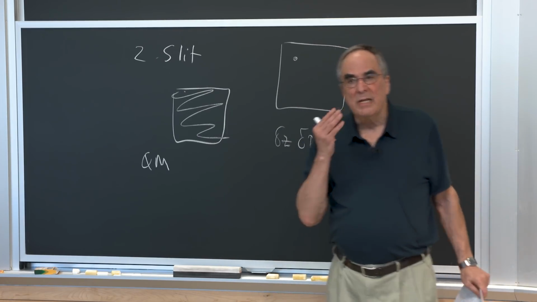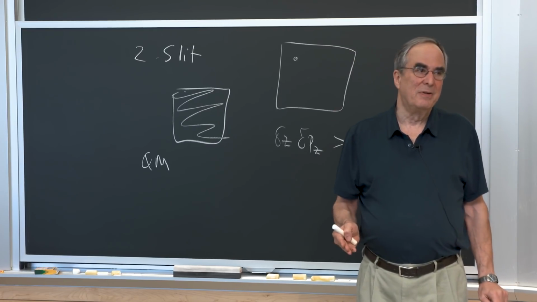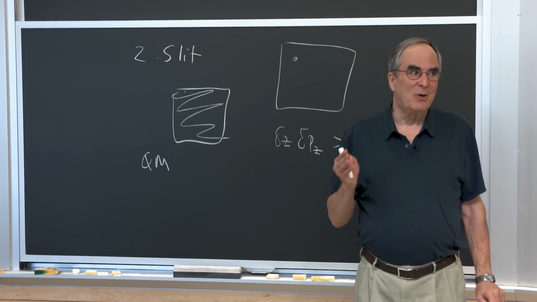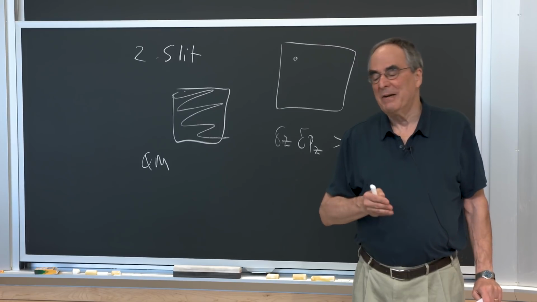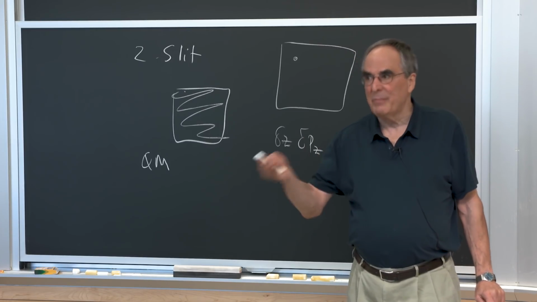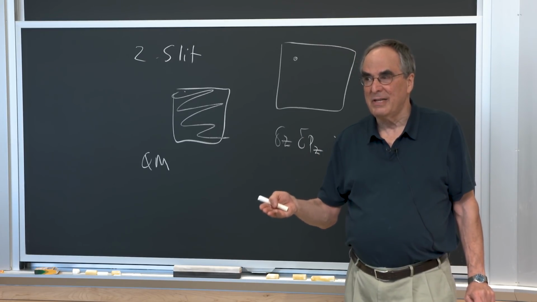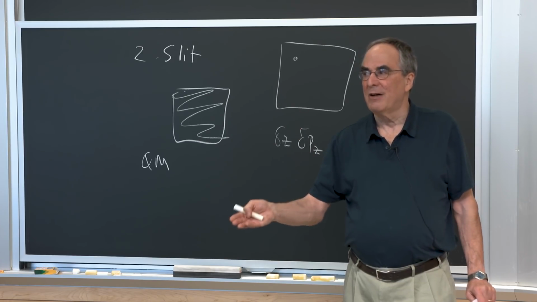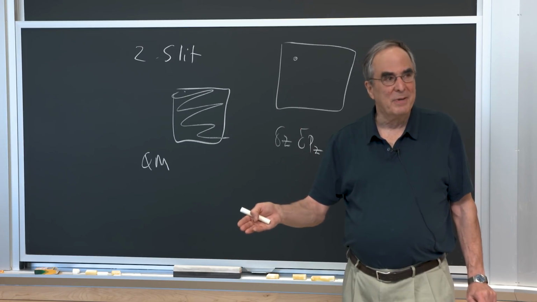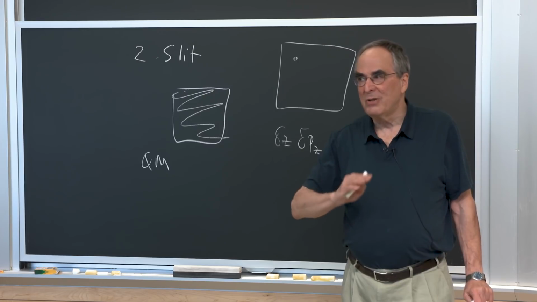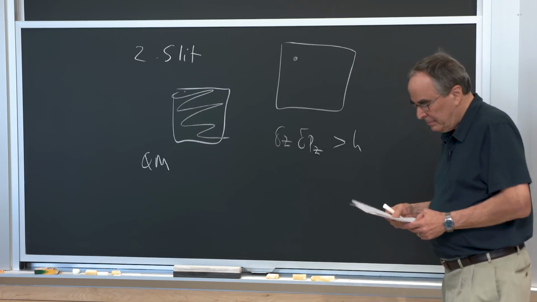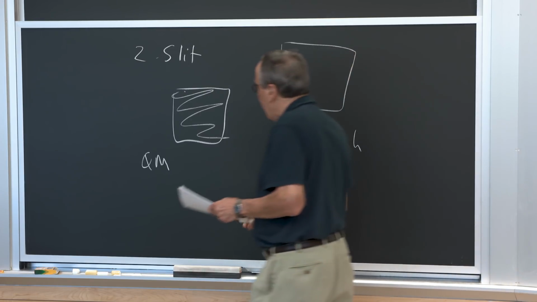And this is really not what the textbooks are about. The textbooks don't tell you how you actually think about a problem in quantum mechanics. They tell you, here are some exactly solved problems. Memorize them. And I don't want to do that.